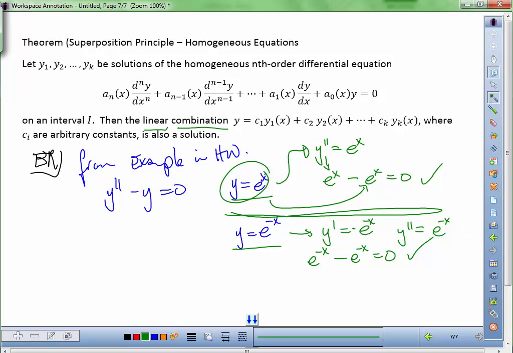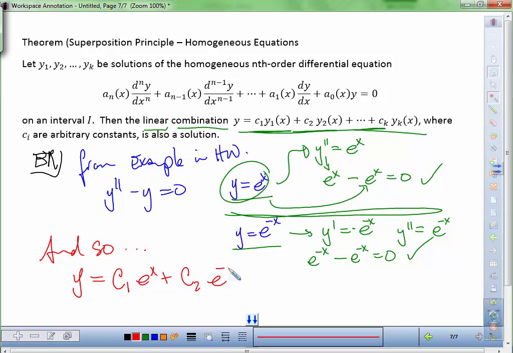What this is saying is that if I come up with a linear combination of those two functions, and a linear combination means you just multiply it by a number and add it to another function that you would have multiplied by another number, then y is equal to some constant times e to the x plus another constant times e to the negative x is also a solution. We didn't show that it was a solution in the problem, but we actually found a particular solution from an initial condition.